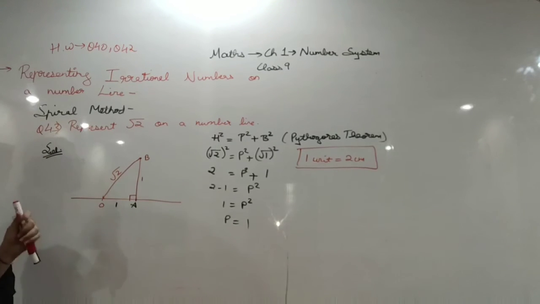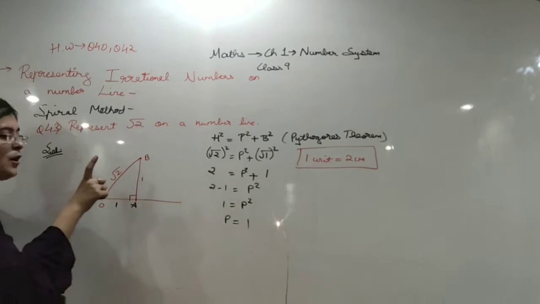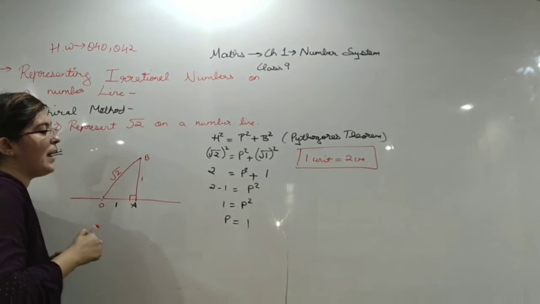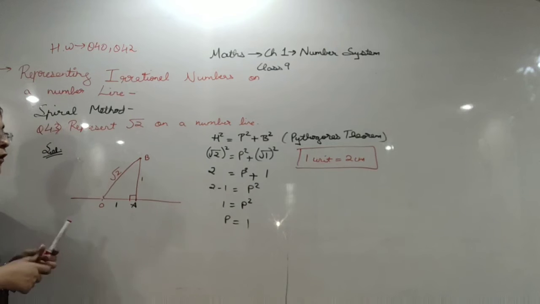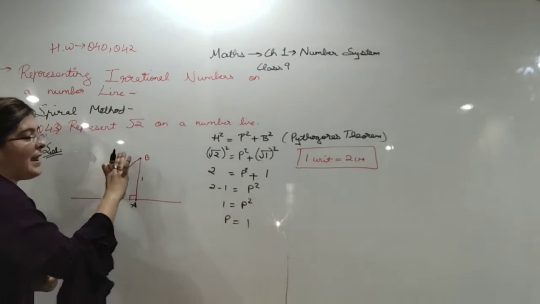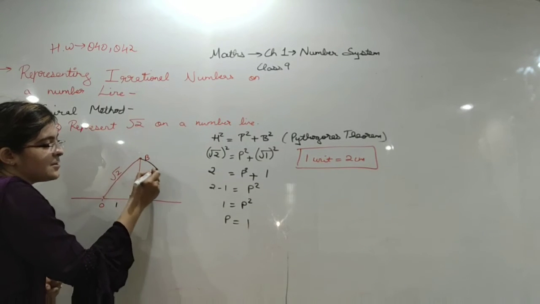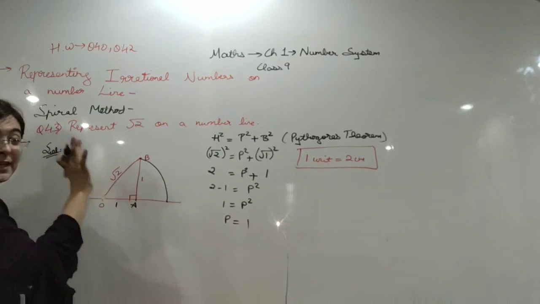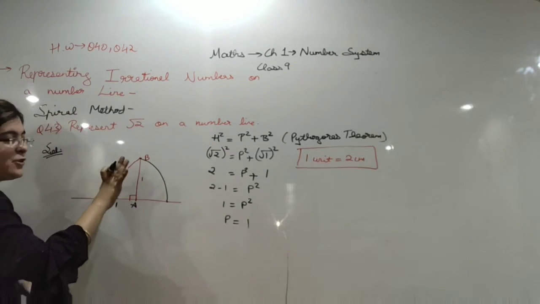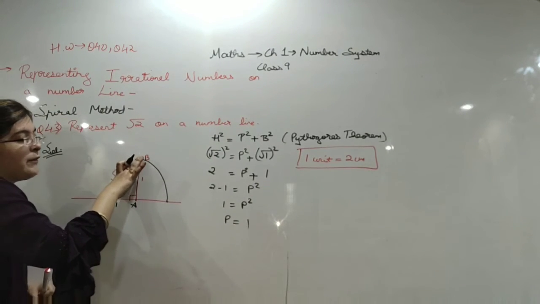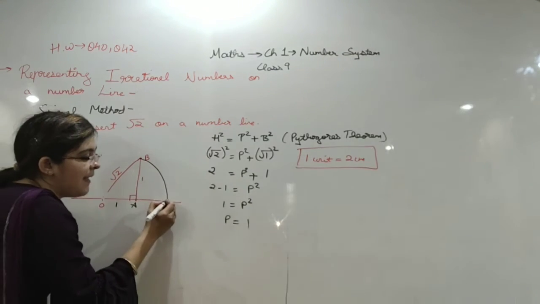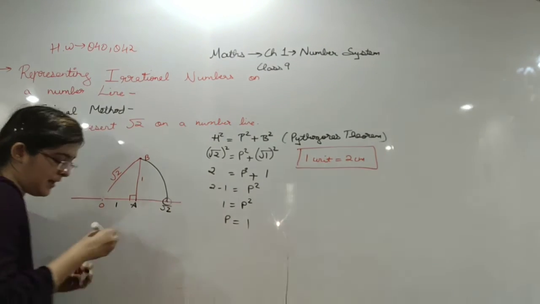So what you will do, you will take a compass, put the pointed tip of the compass at O and your pencil at B, and draw an arc. Now you will bring this point down towards the number line, and this is your root 2 on the number line.